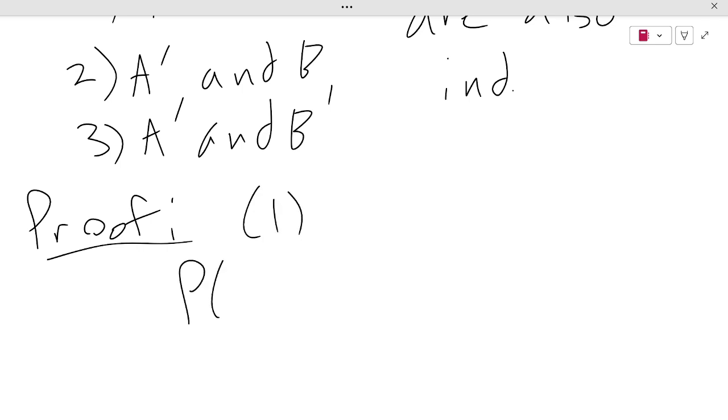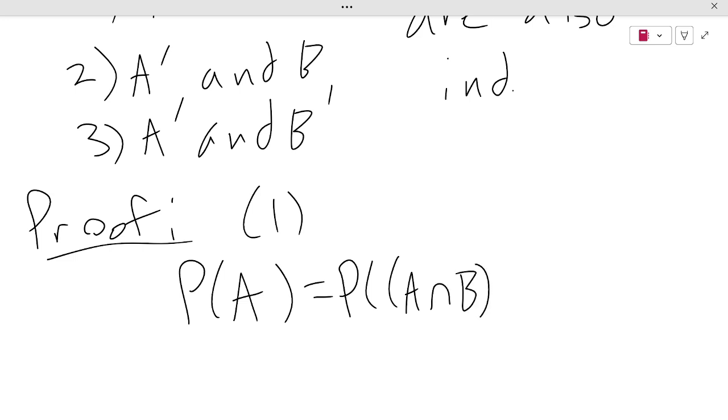So we know that the probability of A, let's partition the set A. So if we partition it, we can write it as the union of two disjoint sets, right? So we know that the probability of A is equal to, when we want to partition A, we can write it as A and B, or A and B complement.